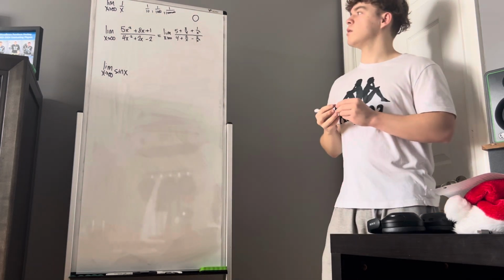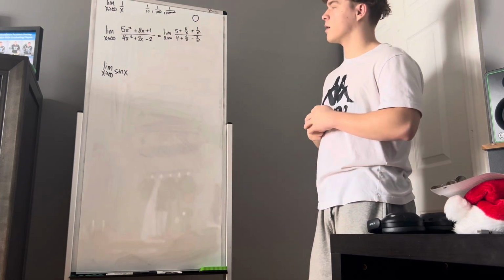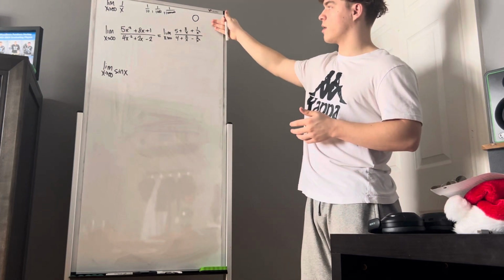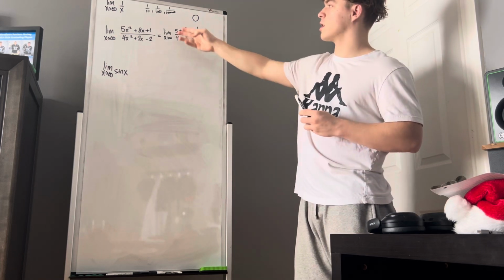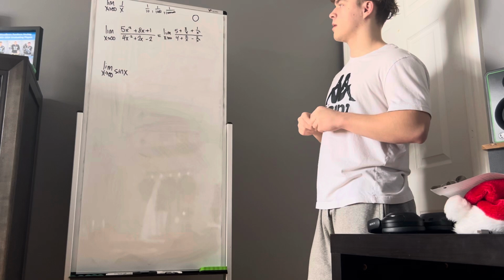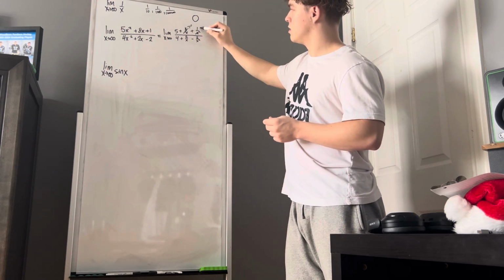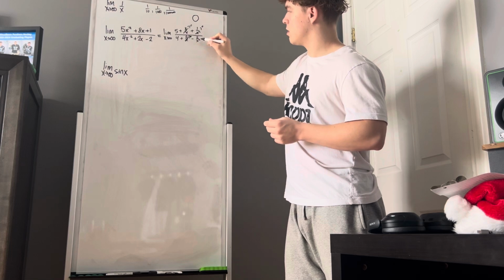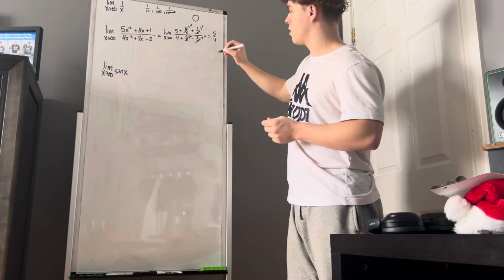And so I'll give you guys a little tip here. 1 over x squared is also going to equal 0, since this number is just going to get even bigger. It's going to approach 0 quicker. But what we're going to get is 0, 0, 0, and 0. And so what it's going to equal is 5 over 4.